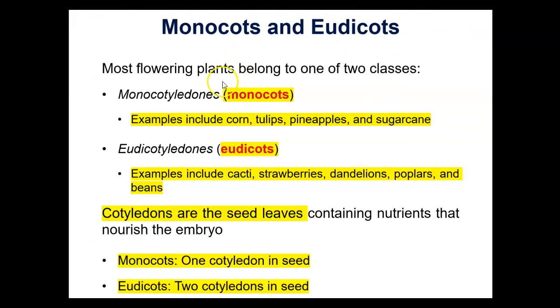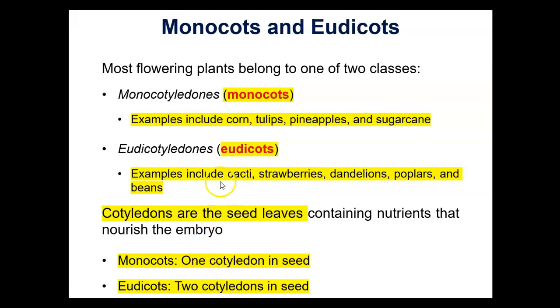Angiosperms are divided into two classes, the monocotyledons or monocots, and the eudicotyledons or eudicots, and sometimes that is shortened to dicots. So mono meaning one, a monocot is a flowering plant that has one cotyledon or seed leaf, and a dicot has two cotyledons or seed leaves.